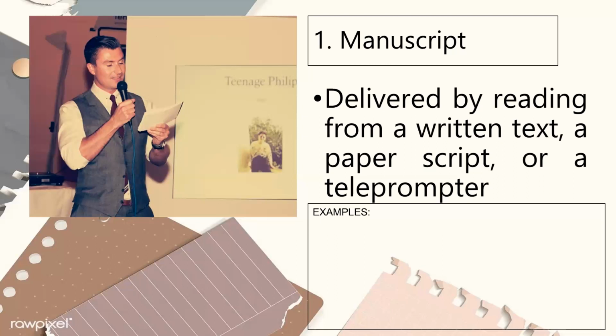Okay, so an example that is given here is a speech given by a congressman on a legislative bill or order. They have the copy, and they just have to read the copy that has been given to them.